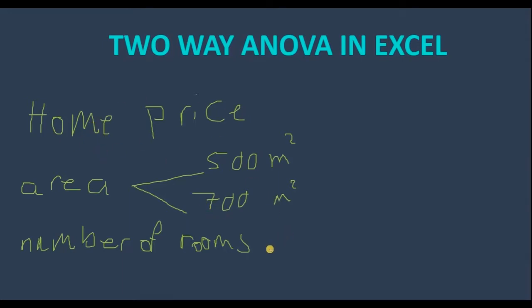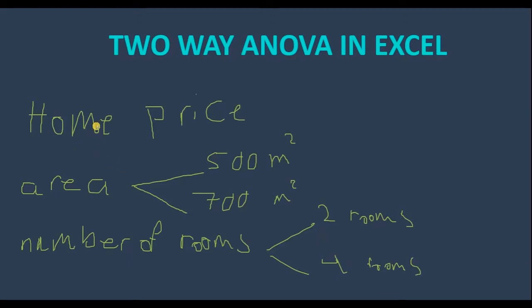And we want to know how the number of rooms, let's say if it has 2 rooms, or let's say it has 4 rooms, impacts the home price.